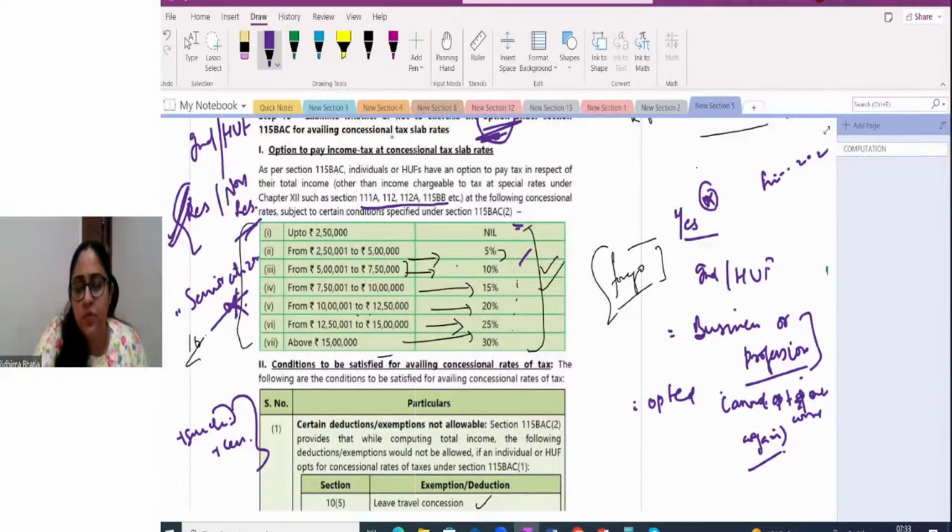Mohammed Vora says, मैम section 115 ऐसे में तो amount नहीं होता ना, amount is in... We will do the questions also, student. Do not worry. First, let's understand.